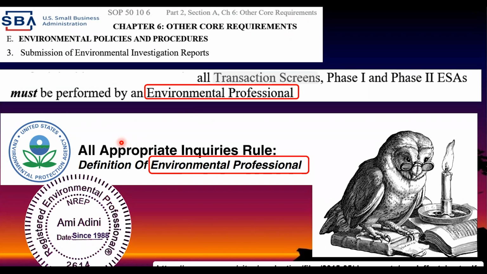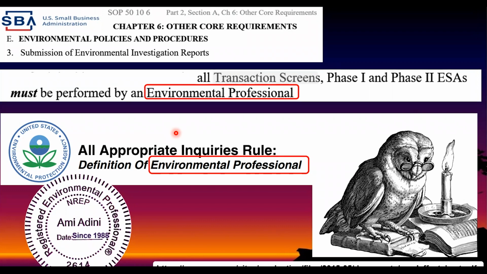Since the SBA decided that reports must be done by environmental professionals, by EPA definitions, you can imagine, and trust me, that most, if not all, commercial lenders are going by the SBA decisions, because many of their loans go back to the SBA.